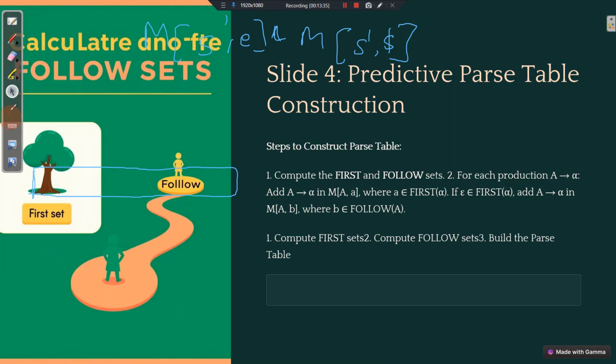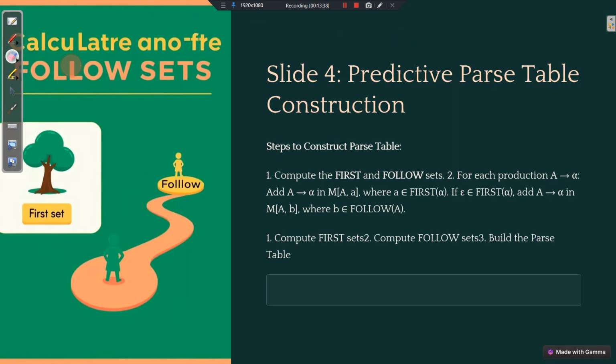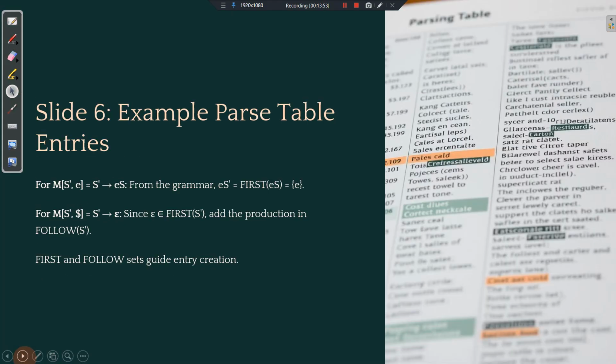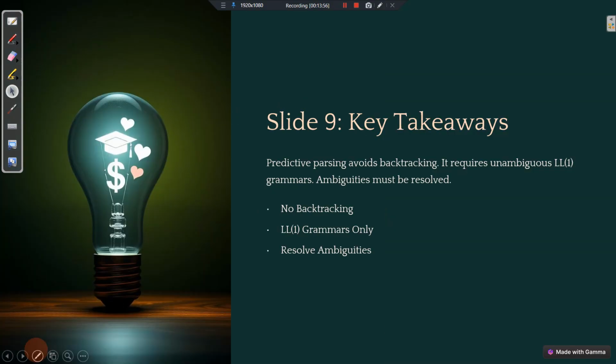So yes, we have done this part. We have calculated the parse table using first and follow sets. Okay, so to summarize the key takeaways, predictive parsing avoids backtracking as we are using a parsing table, fixed data structures.